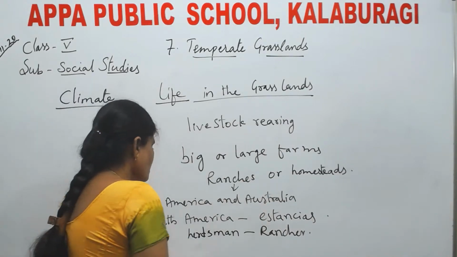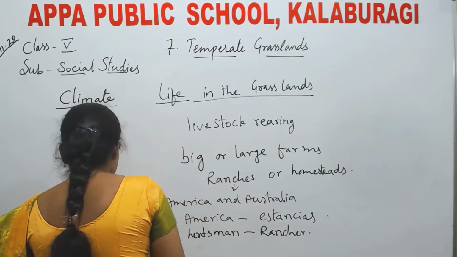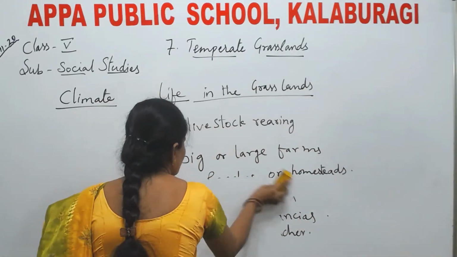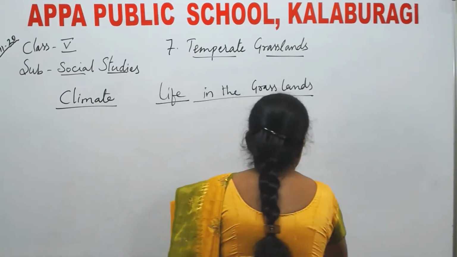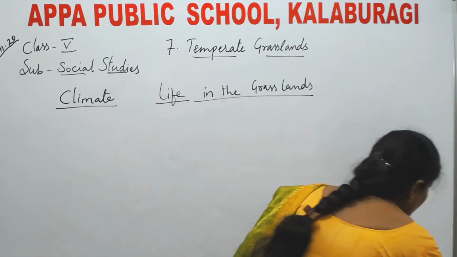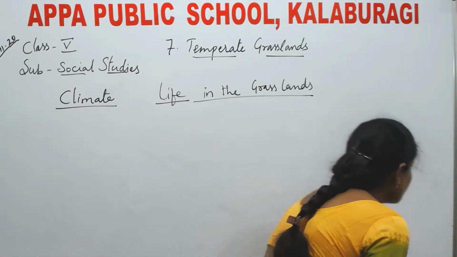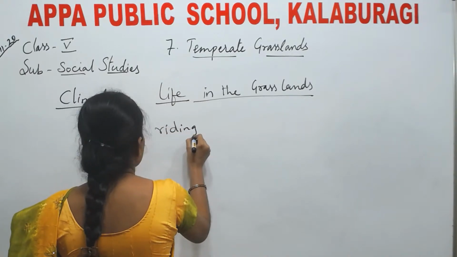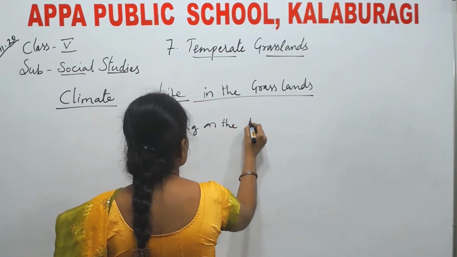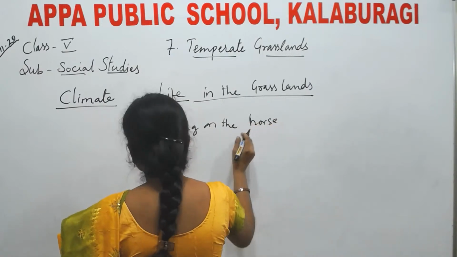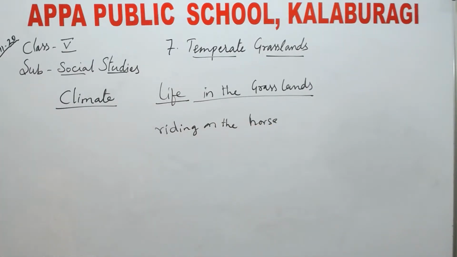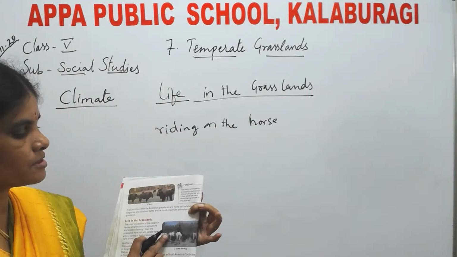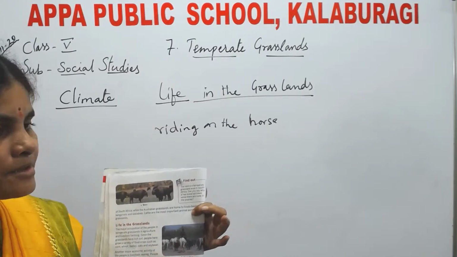Say he controls the herds by riding on the horse. The rancher controls the herd, the group of animals, by riding on the horse. Here the rancher is controlling the herd by riding on the horse like this.